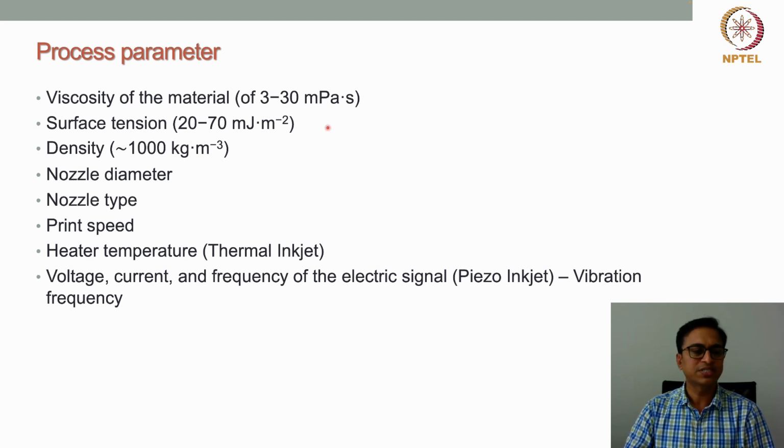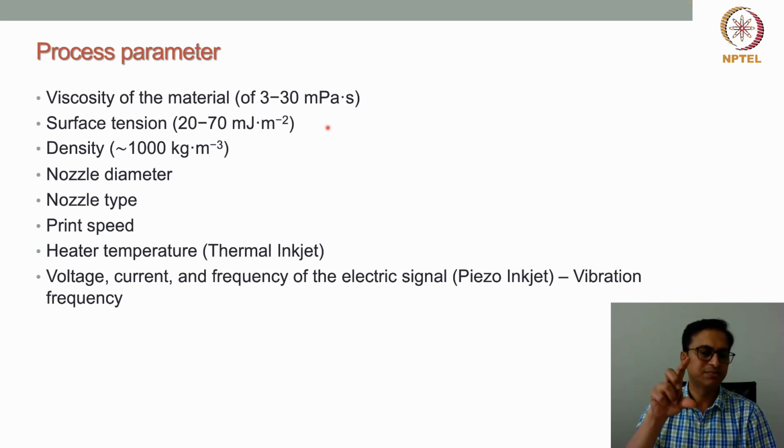Again, surface tension. Now surface tension is important because when the printing nozzles are filled with the material, though the nozzles are open, the material generally doesn't come out of the nozzle from that liquid column, because the surface tension of the material prevents leaking of the material from the printing chamber, right?